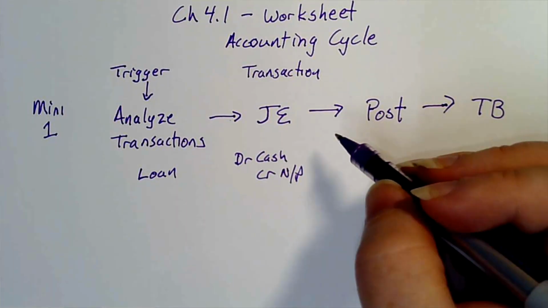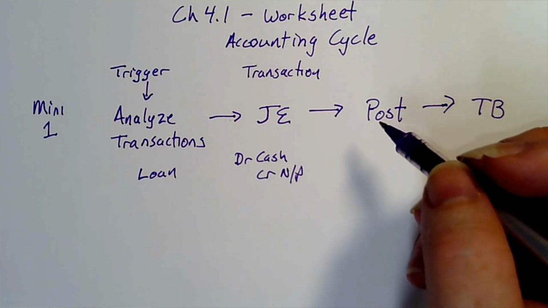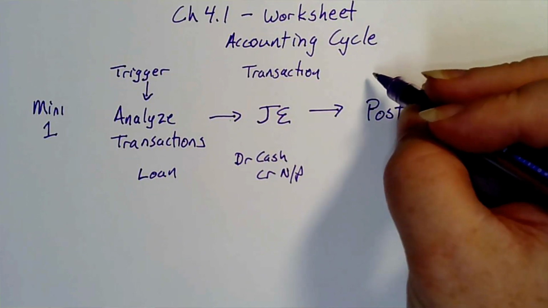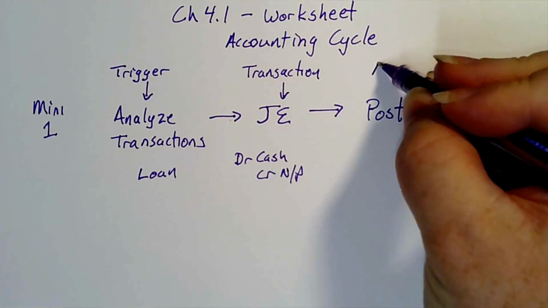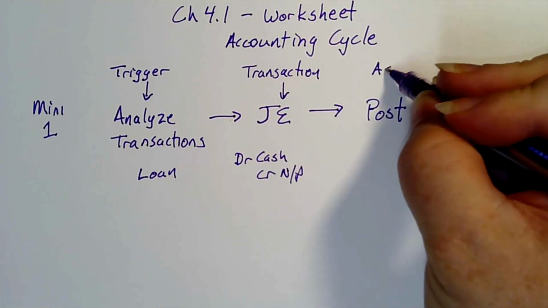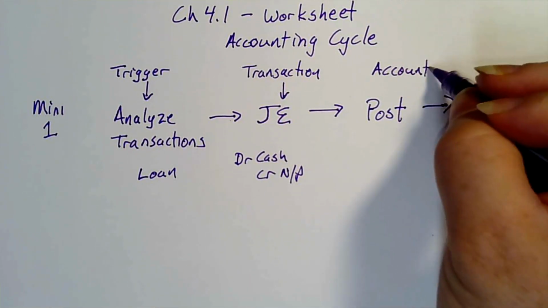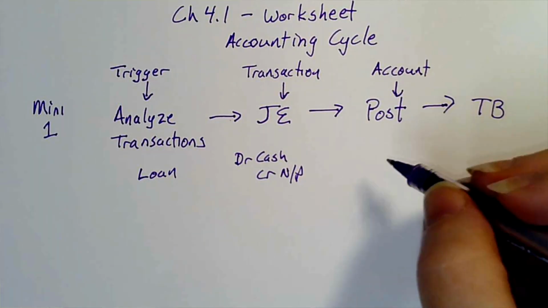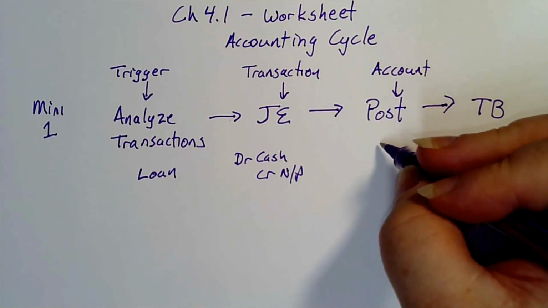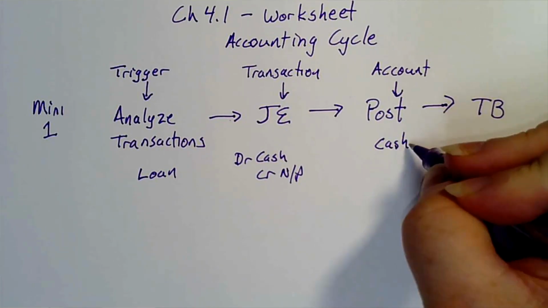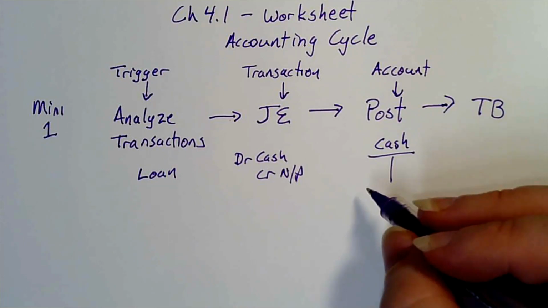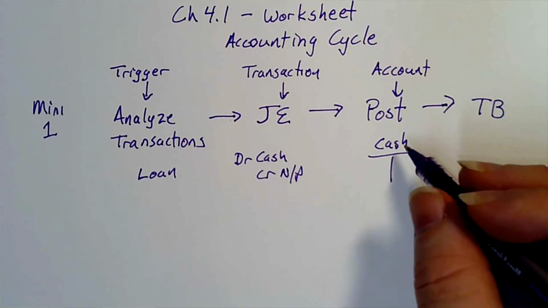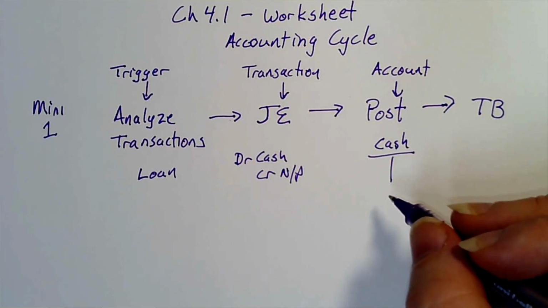And then after we have a whole bunch of these journal entries, we start breaking them apart and posting them. And this looks at it from the account point of view. In other words, not at the individual transaction, but looking at all the different transactions that had cash as part of a transaction. So we would have a cash T account, we'd have a note payable T account, and whatever else we had. At the end, we'd have a whole bunch of cash entries, and we don't want to put all those cash entries in.